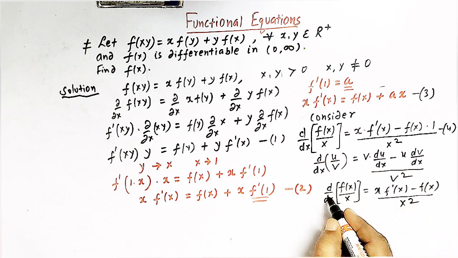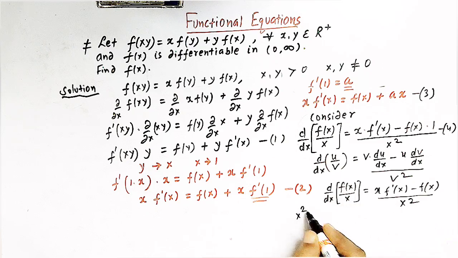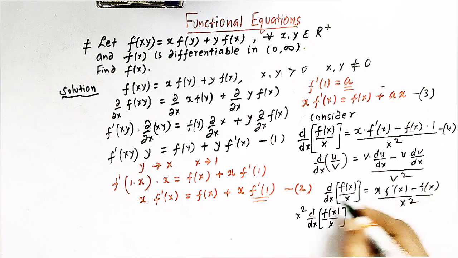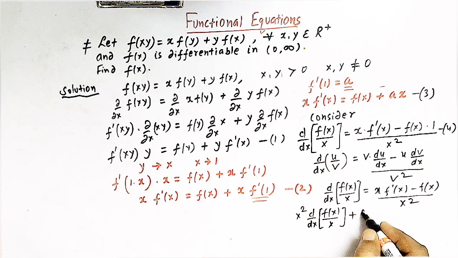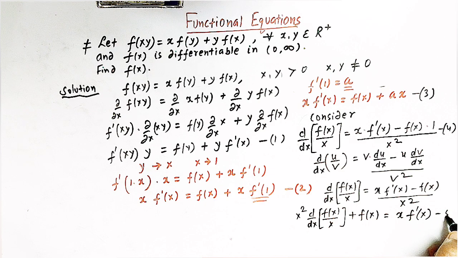Multiplying this derivative by x squared, we have x² d/dx of f(x)/x, and taking this term to this side, we have x² d/dx (f(x)/x) + f(x) = x f'(x), right?